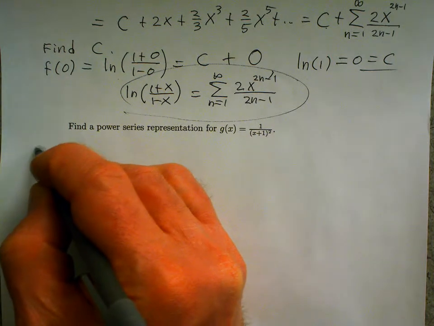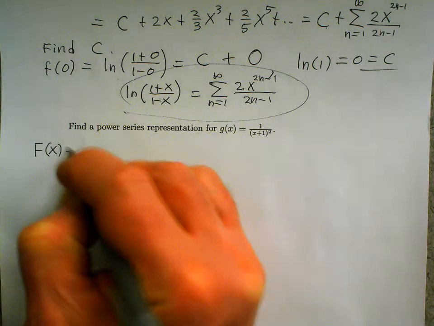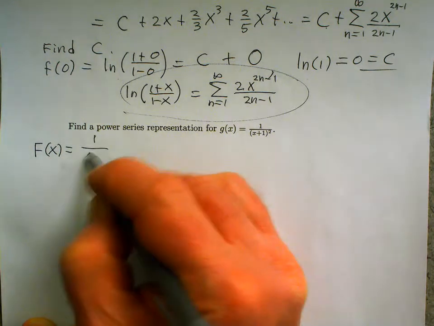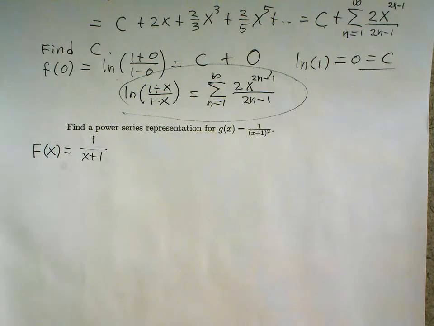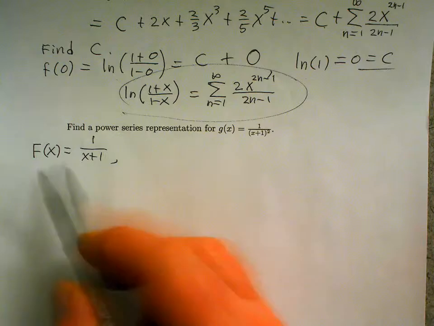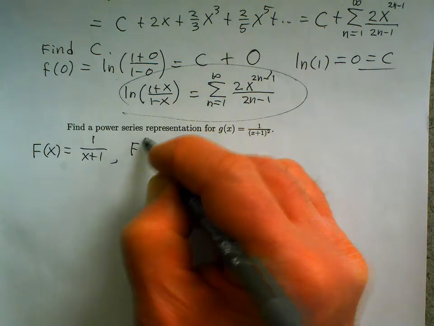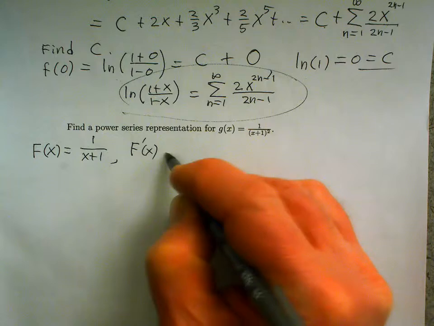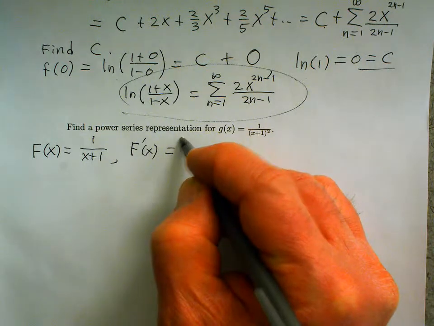So I'll just call this capital F of x equals 1 over x plus 1. If we compute the derivative of this using the quotient rule, the derivative of 1 is 0.